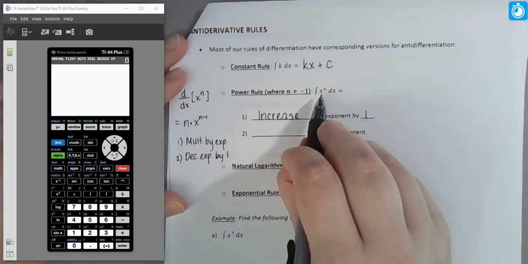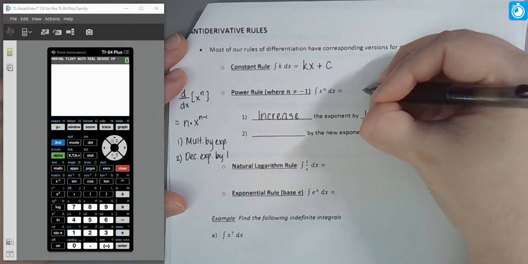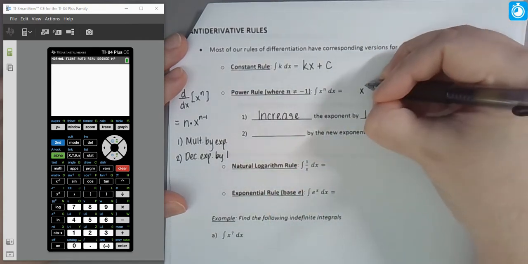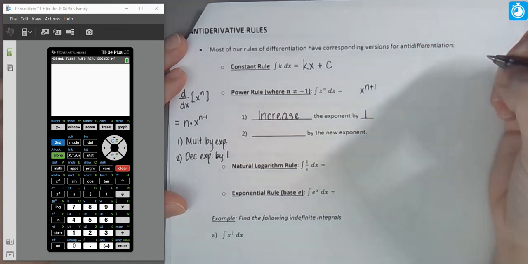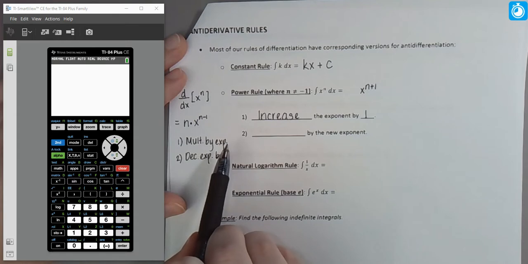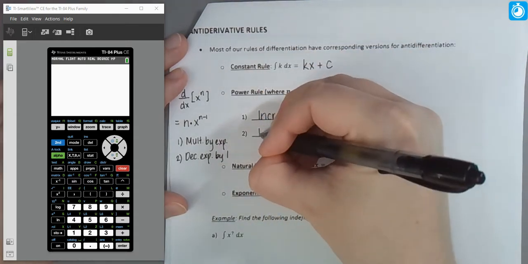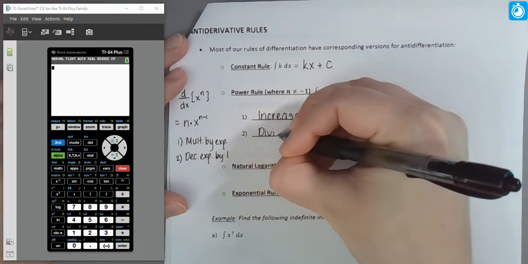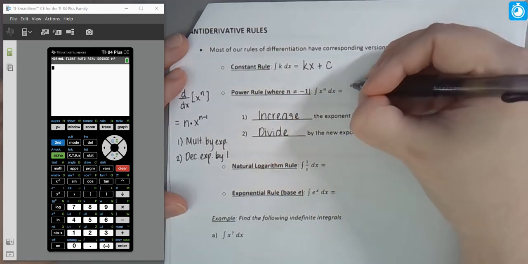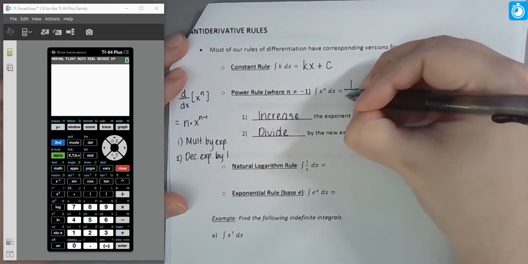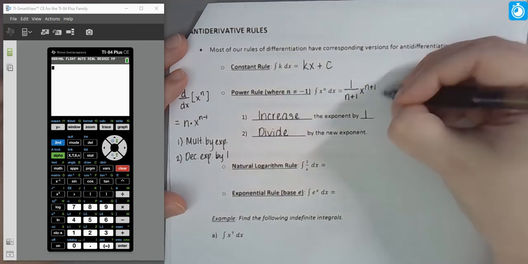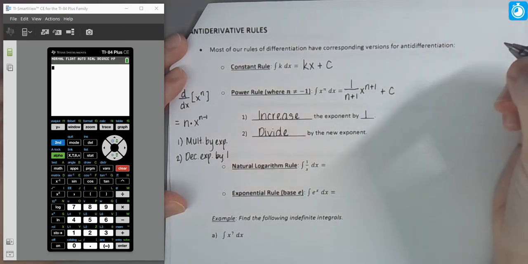So we take what we started with and increase our exponent by 1. So we go from n to n plus 1. And then rather than multiplying by our exponent, we're going to divide by the new exponent. An easy way to write that is multiplication by 1 over that exponent. Plus c, always plus c.